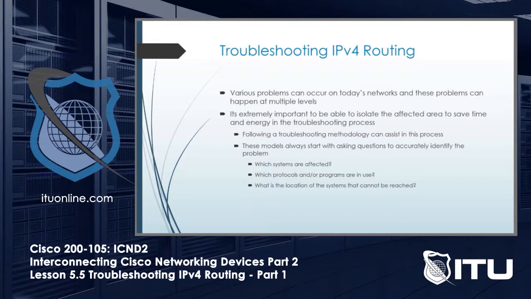And we call these troubleshooting models. It doesn't necessarily matter which troubleshooting model you use, but you need to have a troubleshooting model. You need to have a structured approach to resolving problems, or else we're just kind of flying all over the place.